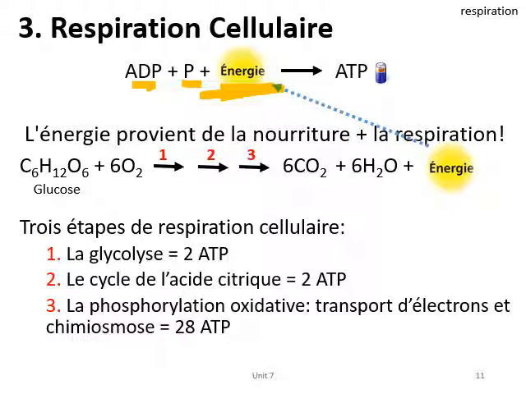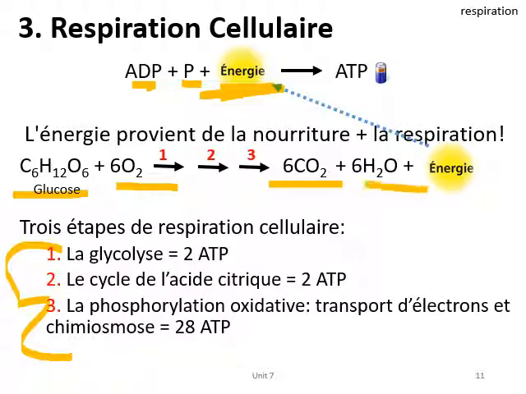And we call this respiration. We take food, such as glucose, we breathe in oxygen, and through 3 steps, we produce carbon dioxide, water, and energy. We use that energy for work.